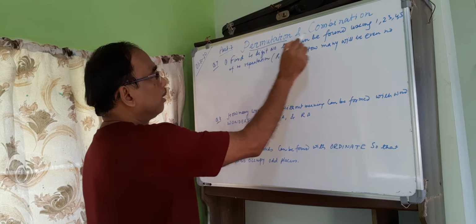Taking 2 at the unit place, the remaining 3 places are filled from the remaining digits, 1, 3, 4, 5, that is 4 digits, so 4P3 ways, that is factorial 4 by factorial 1, that is 4 into 3 into 2, 24 ways.